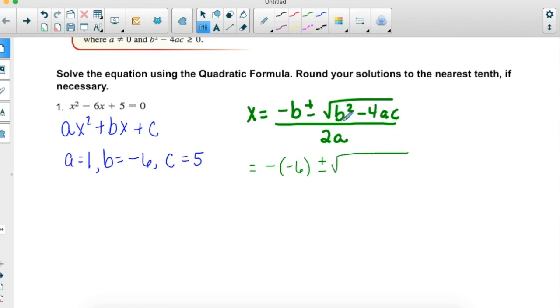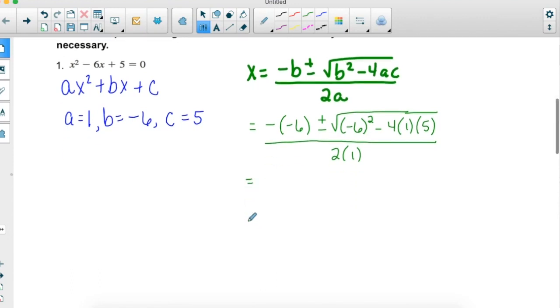So b we said was negative 6, so inside the square root we're going to put negative 6 to the second power minus 4 times a, which we said was 1, and c is 5, so times 5. All of this fits underneath the square root symbol. Then all of this is going to be over 2 times a, which is 2 times 1. All right, so it looks like it's a little busy, but it's actually not that bad.